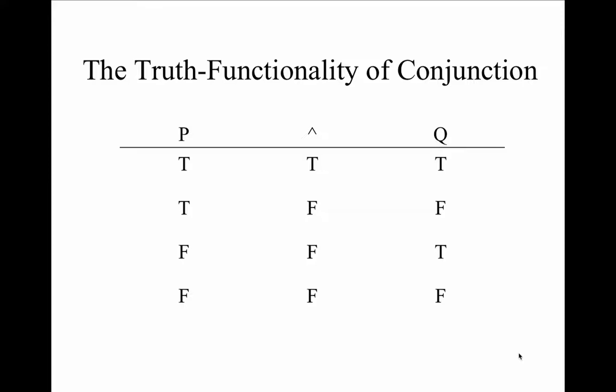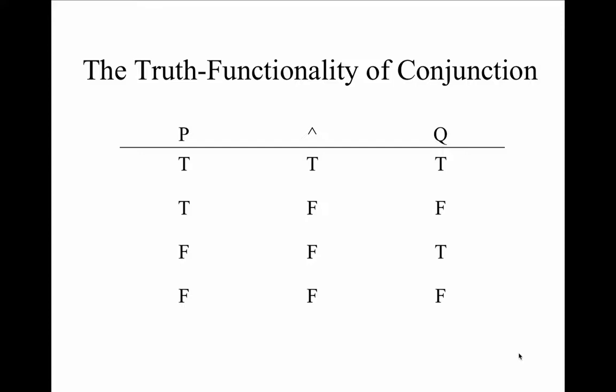True and true means the sentence as a whole, that is, the conjunction is true. True and false means the sentence as a whole, that is, conjunction is false. False and true, that is, the sentence as a whole, conjunction is false. And lastly, false and false means the sentence as a whole, that is, conjunction is false.